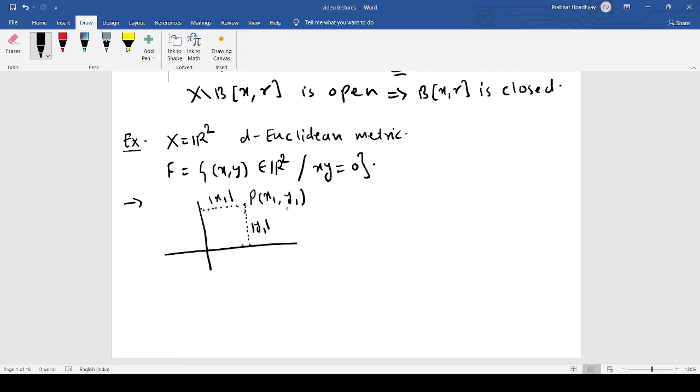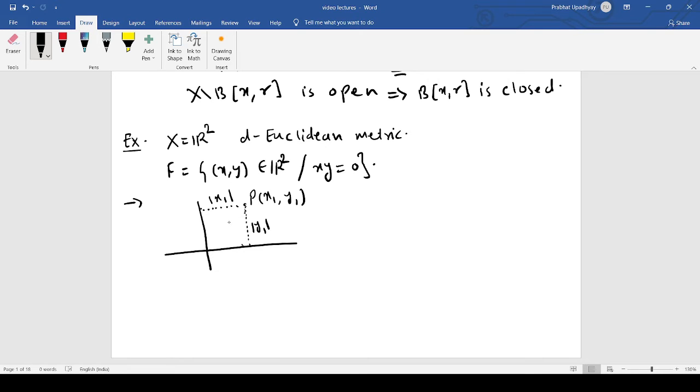See, we want to prove F is closed. Therefore, we will have to prove F complement is open. Therefore, I want to draw an open ball of some radius around P such that that open ball totally lies in my F complement.